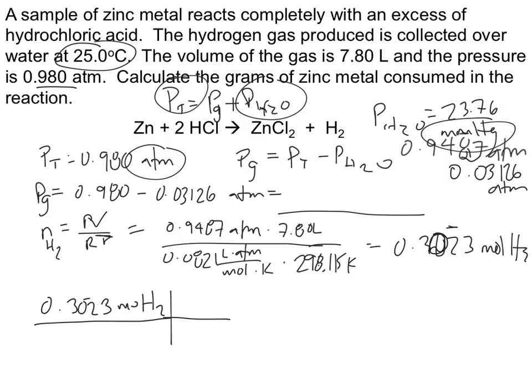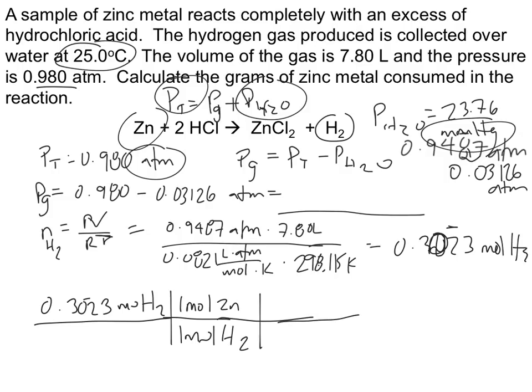If we look at the balanced equation above, the relationship between H2 and zinc is 1 to 1. We still show this step even though it's 1 to 1, because we need to show that we understand a mole ratio is necessary. So this puts us into moles of zinc.